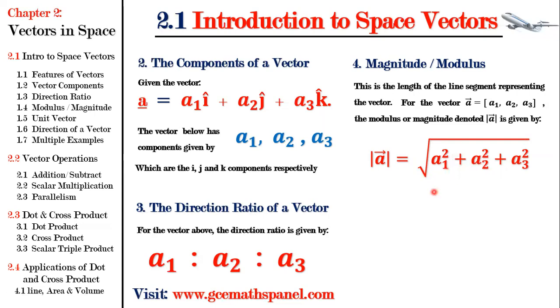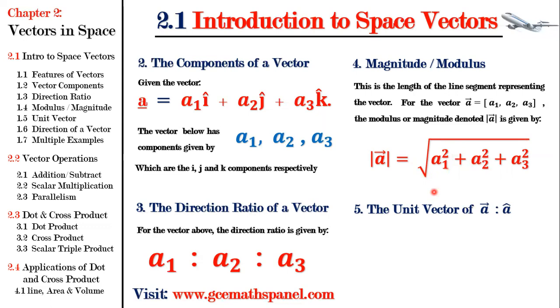So for any vector, its modulus or magnitude is given by the root of the sum of squares of its components. And note that the modulus or magnitude is always positive because length is positive, a scalar.